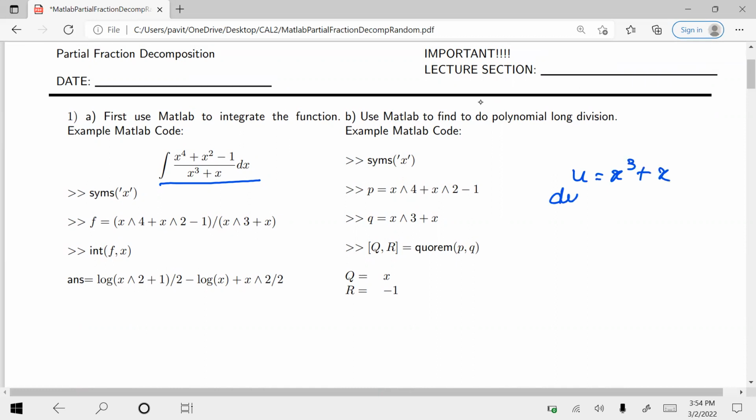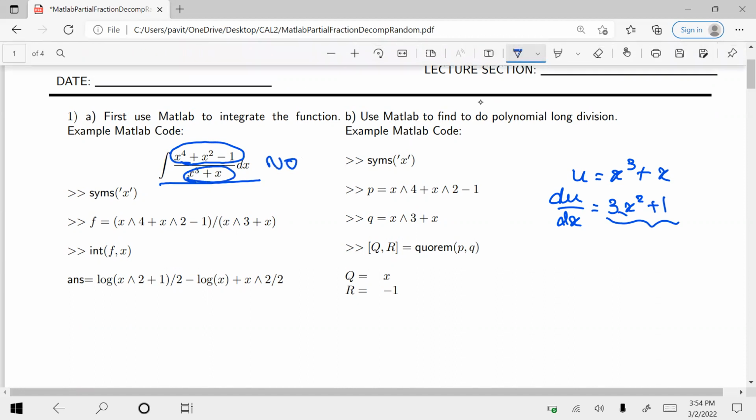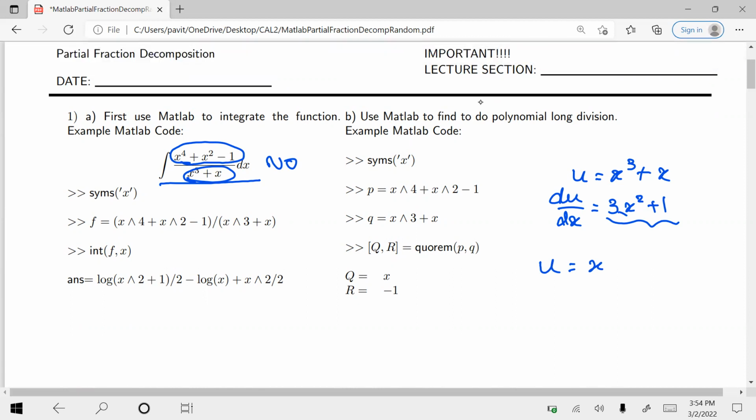If you find the derivative, you get 3x squared plus 1, right? Now, can you divide this with the numerator or the denominator? No, right? Let's say you take it as x cubed or maybe x. Then also you will fail to perform this method.